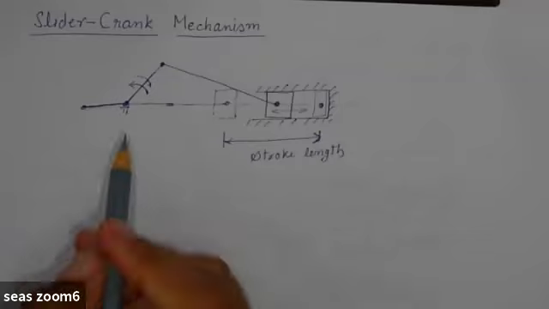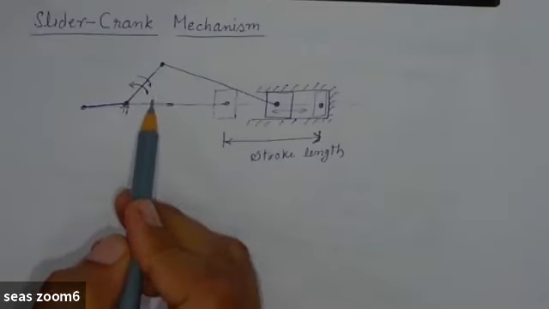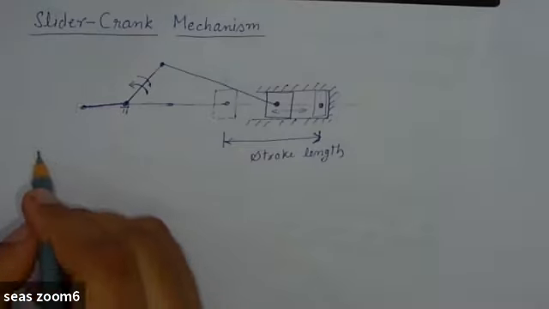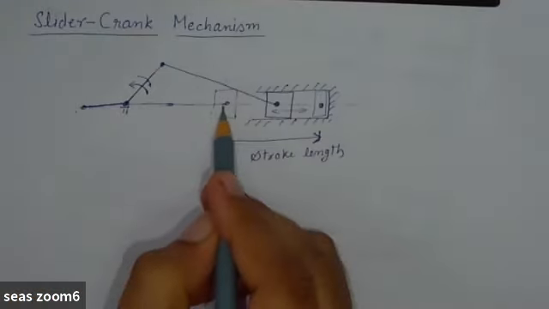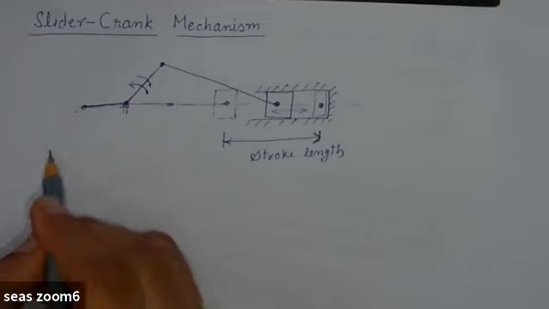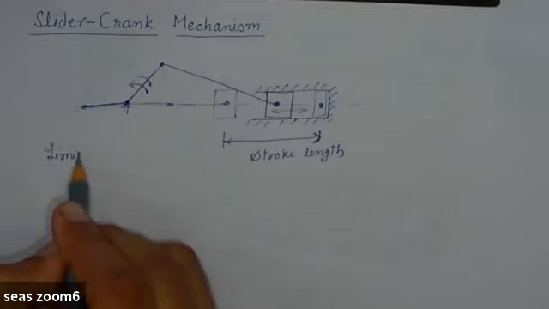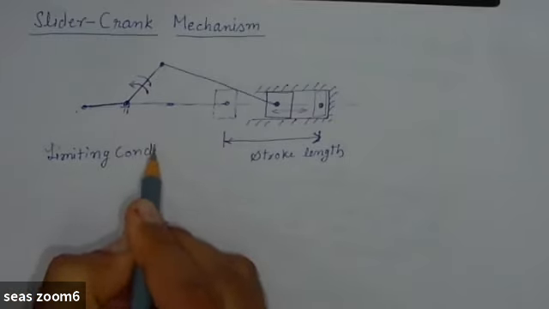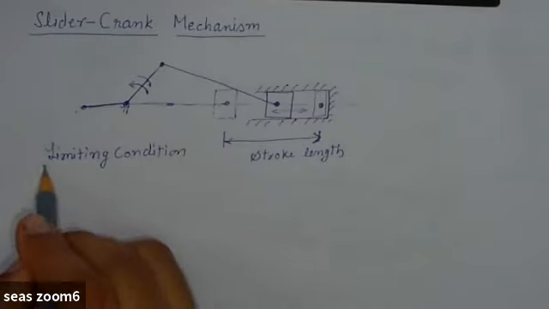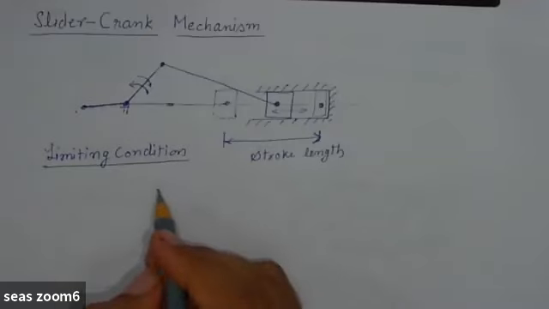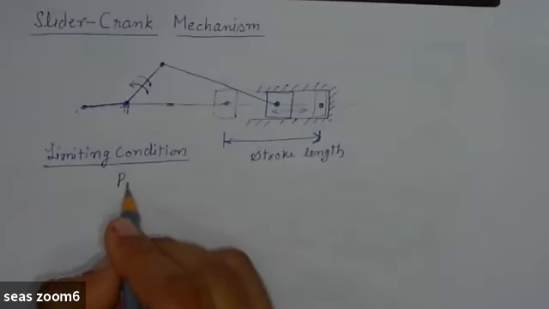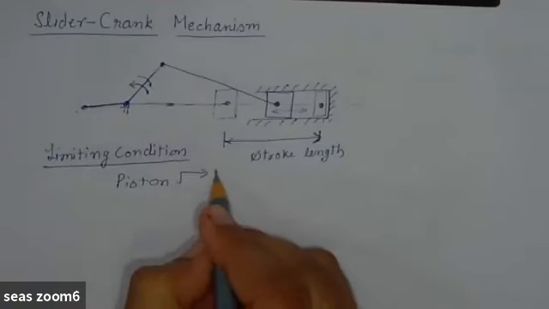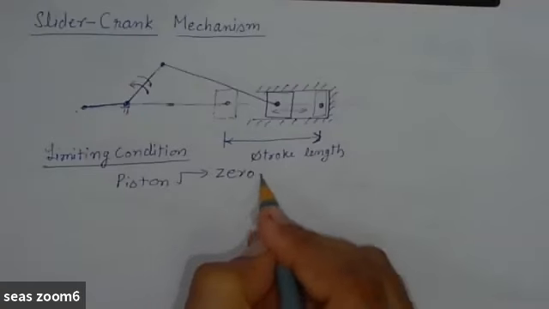What happens at the limiting condition? As soon as it is rotating and comes here, the piston comes here. So in the limiting condition, what happens to the piston is that the piston has zero velocity.